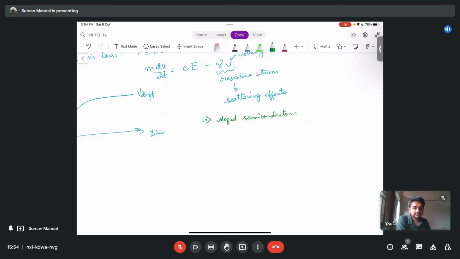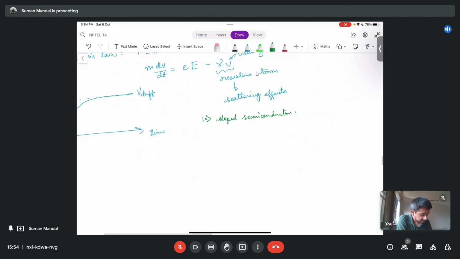For example, if it's boron doped silicon, then you will have boron negative ions which will attract holes. If it's n-doped silicon, then you have positively charged ions which will deflect the electrons away, and they will cause a Coulombic scattering.